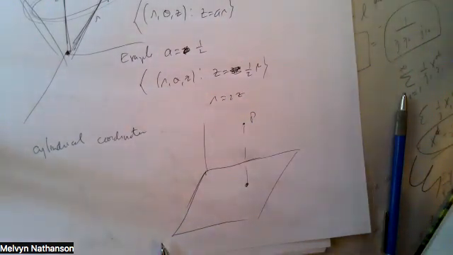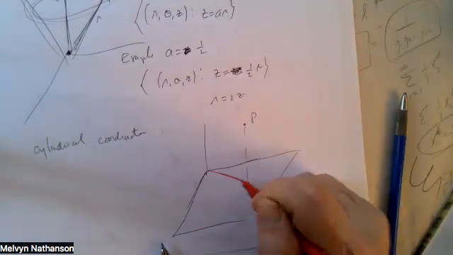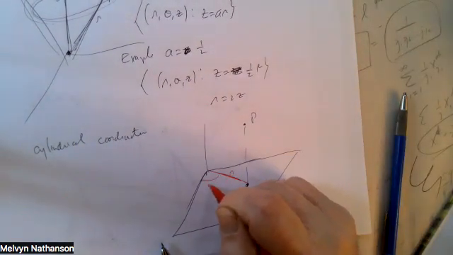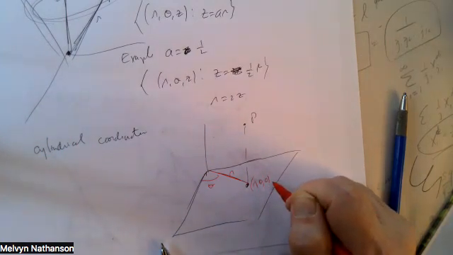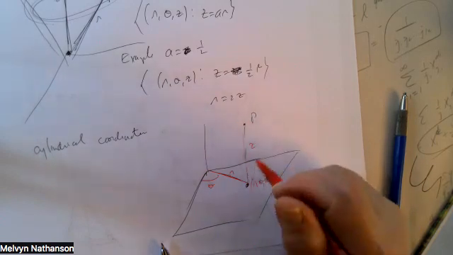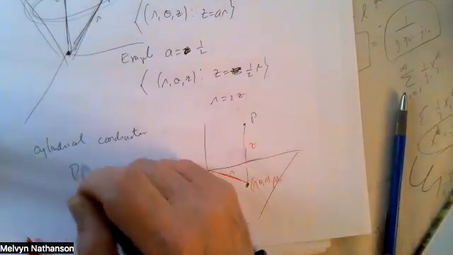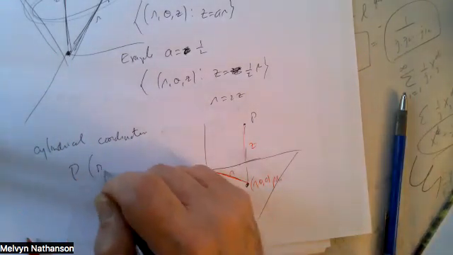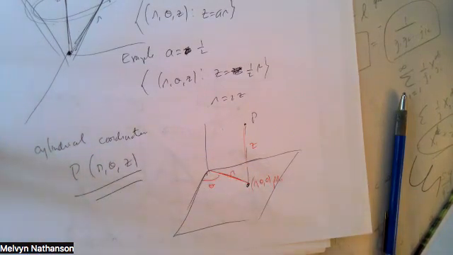In the XY plane, you have polar coordinates, r and theta. So r, theta, 0, these are the polar coordinates of this point. Then you have the height of this point above and below the XY plane. So the cylindrical coordinates are r, theta, and z.